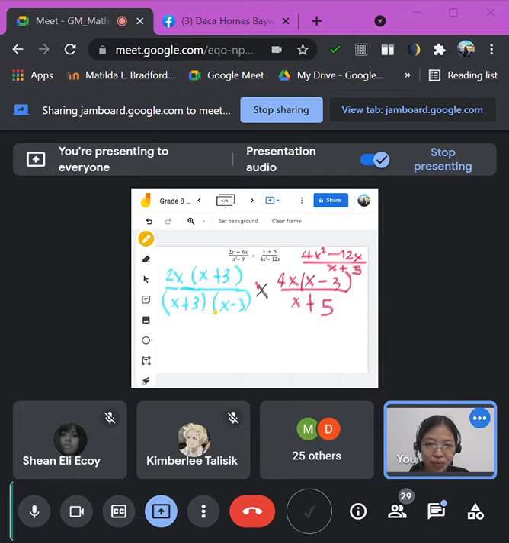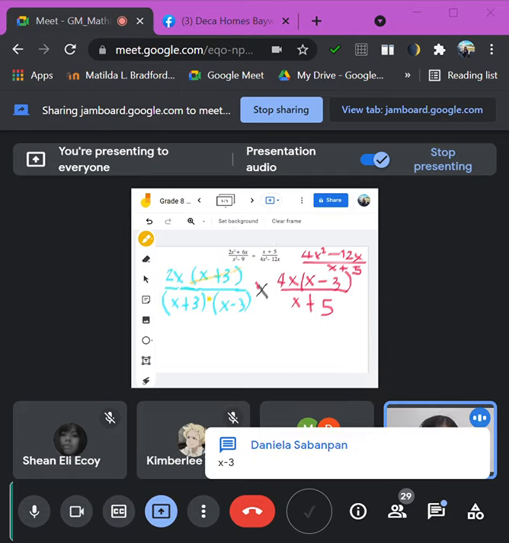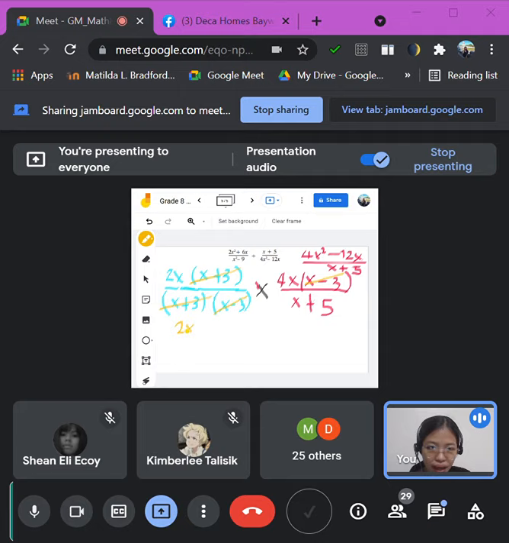We have x plus 3, x minus 3. Okay. Now, unsa na lay nabilin? We have 2x and then we have times 4x. Kaya nag-multiply man ta nga over ang denominator kay x plus 5.